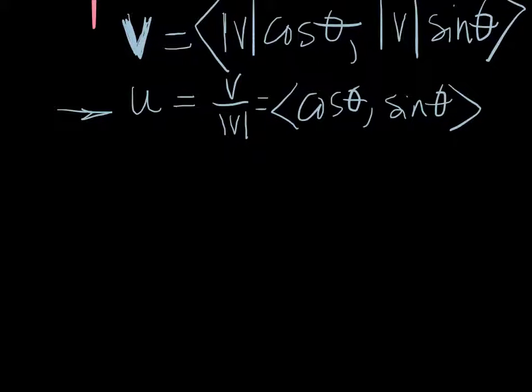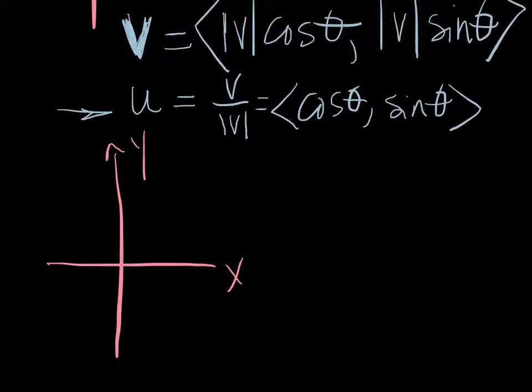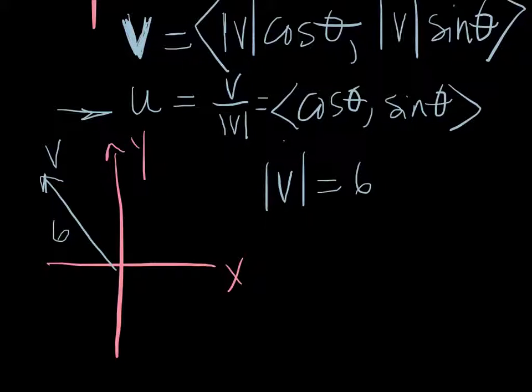I'm going to draw my x-axis and y-axis, the picture. It tells me that my vector v has a magnitude of 6, so the magnitude of v is 6, and it makes an angle with the x-axis, theta, of 115 degrees.